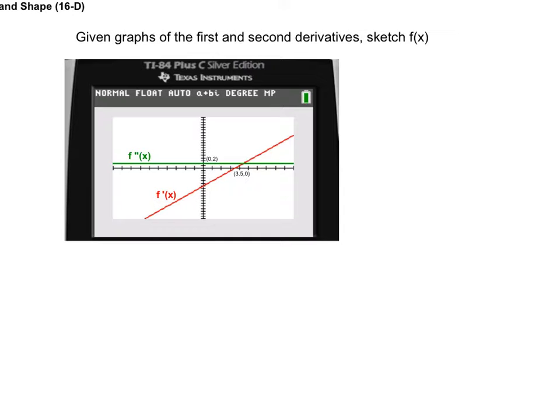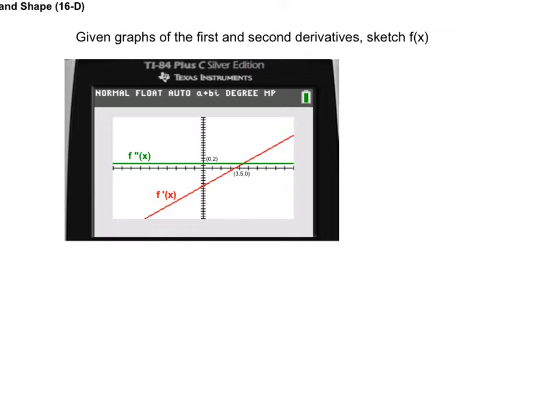Let's think about this a little bit, and I want to use sign diagrams here to help us. So let's do green, and we've got red, just to keep the colors going, and we'll do our original function in blue.